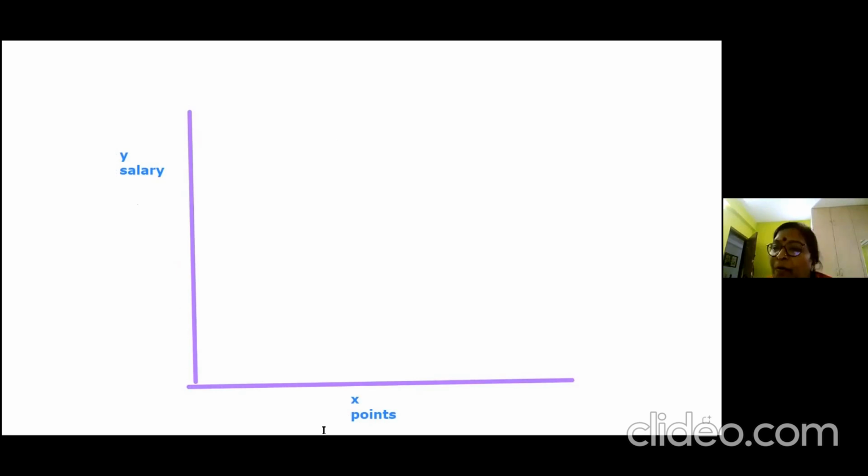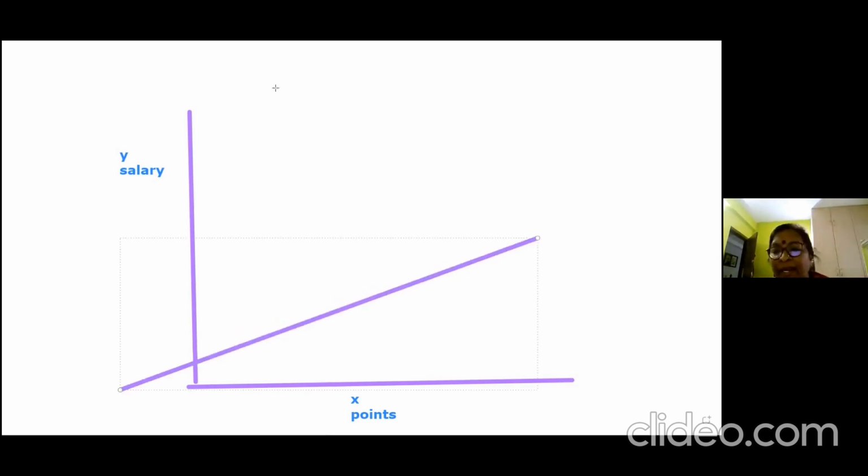Now, what is slope? I'm drawing in blue.